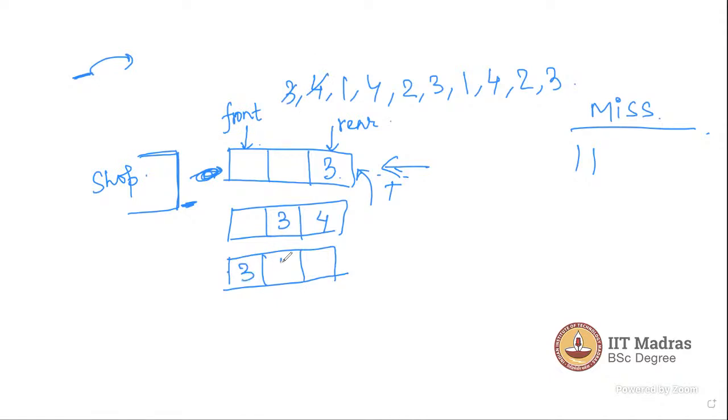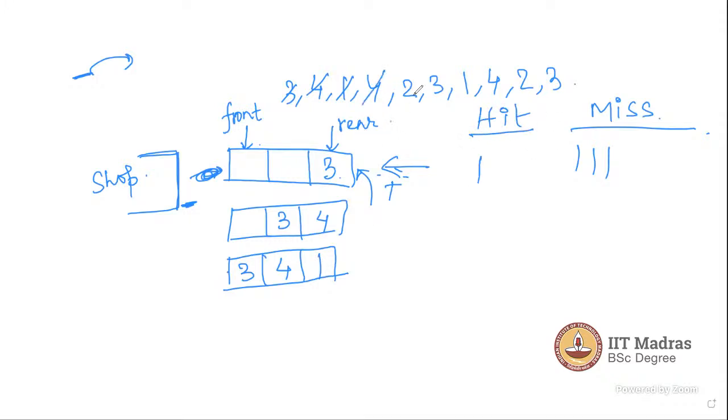Next time 3, 4, 1, so 3 misses. Next time 4 will come. So will 4 be in the buffer or not? 4 is there. So this is not a miss, this is a hit. So hit is 1, right?